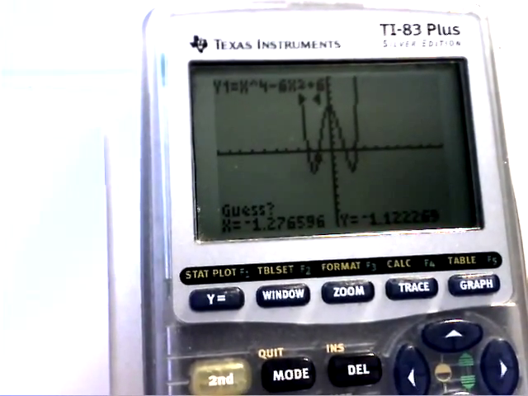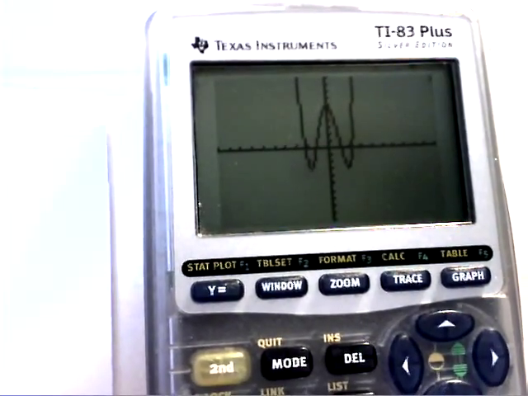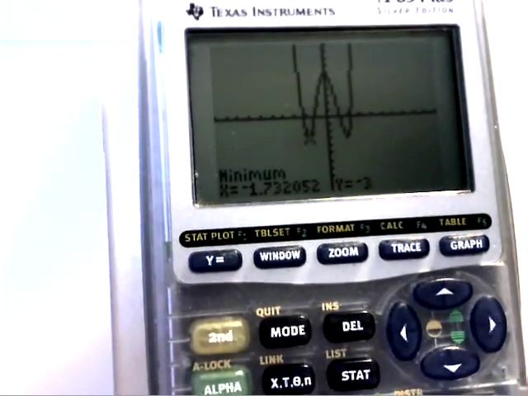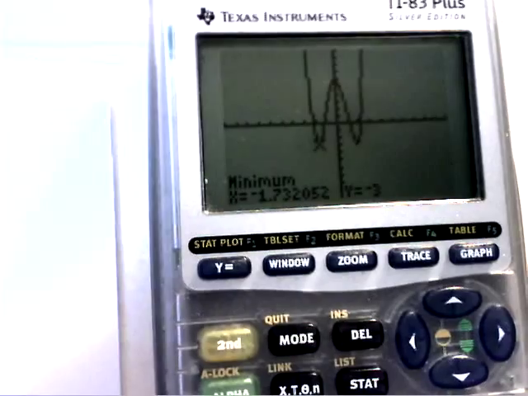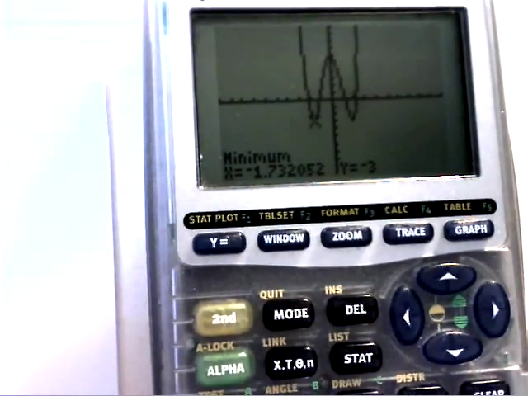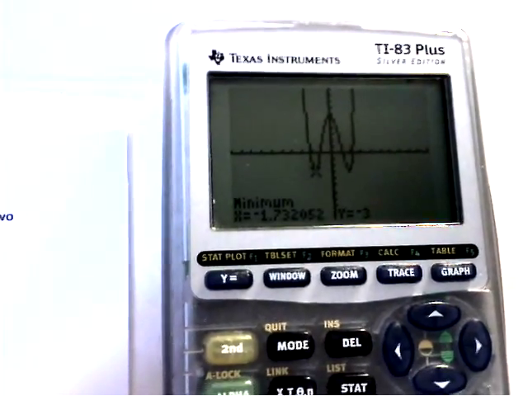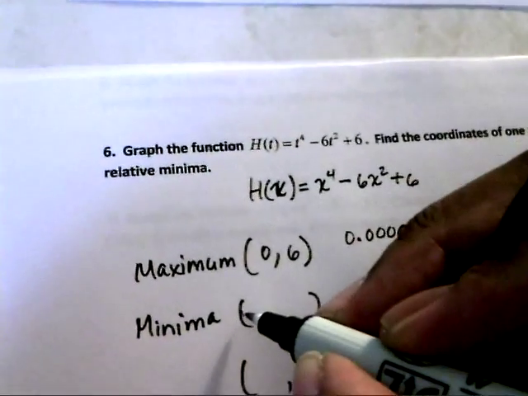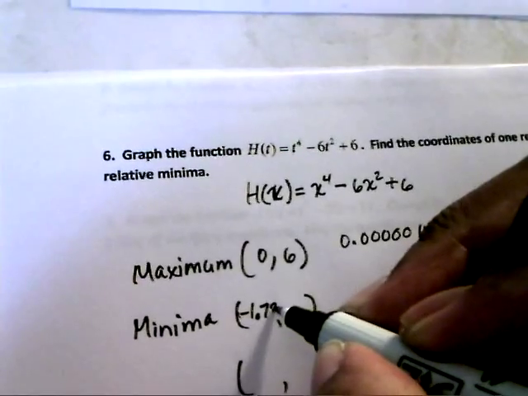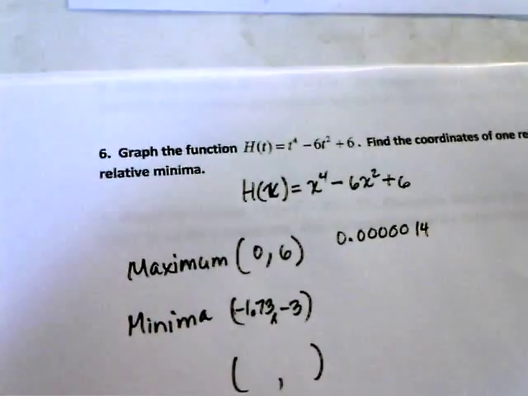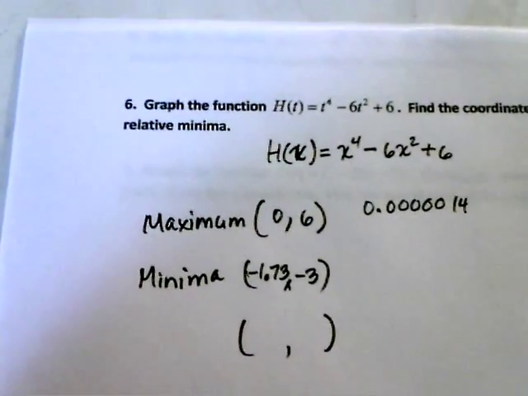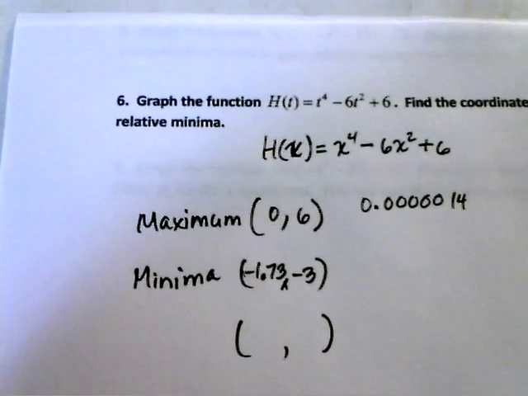And then after guess, press enter. And we'll write our answers to 2 decimal places. That x value will be negative 1.73, and the y is negative 3. Okay. That's one of our minimum points.